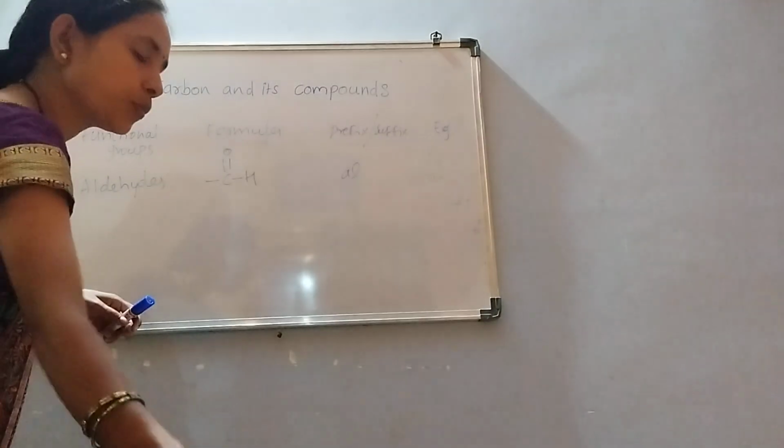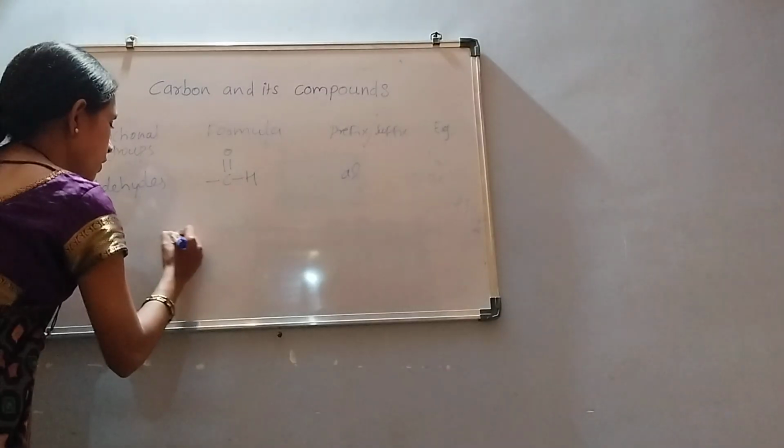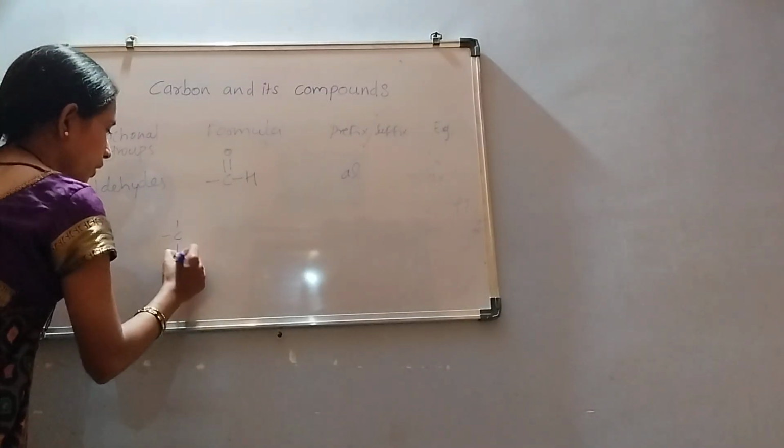In case of butane, if one hydrogen is replaced with aldehyde, how do we write it?